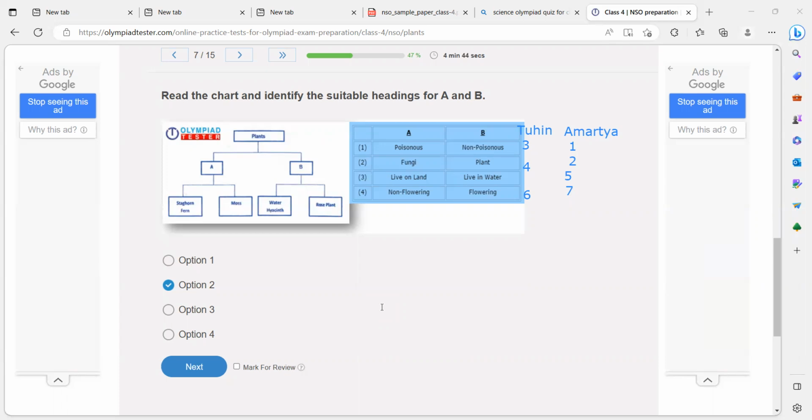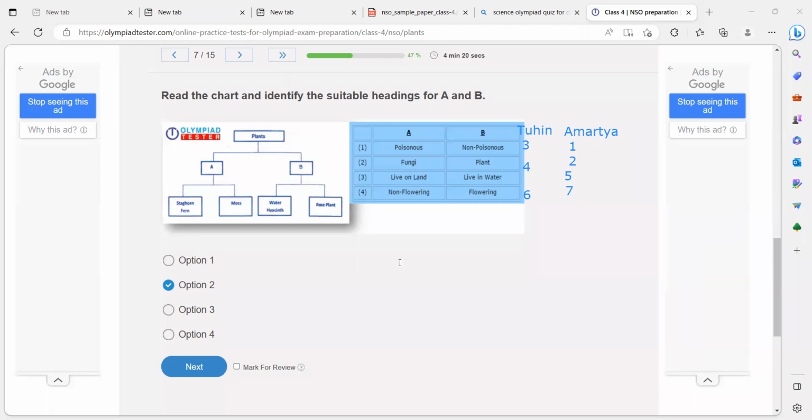Very good. Fungi are a type of parasite, and mushroom is a type of fungi. Yes. Fungi are a type of parasite that depends on other living animals or dead animals for their food. Is it clear, Udit, what fungi is?